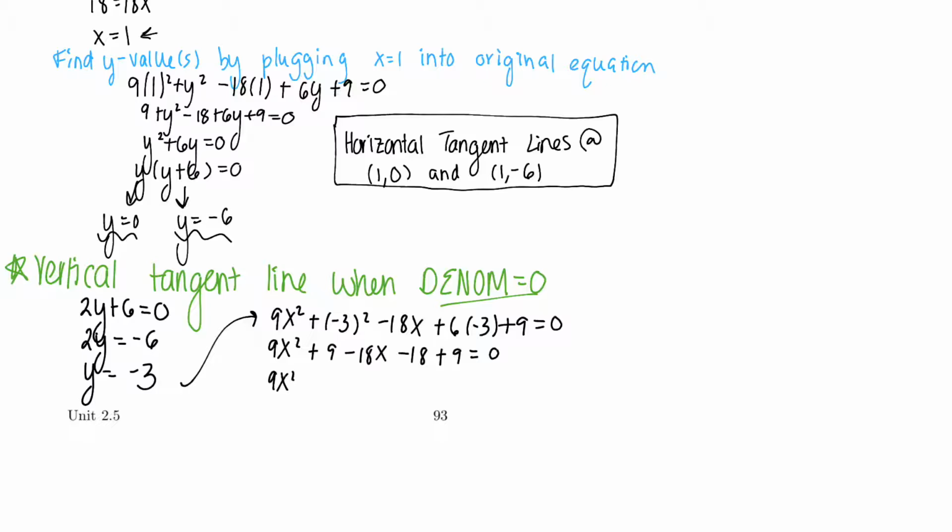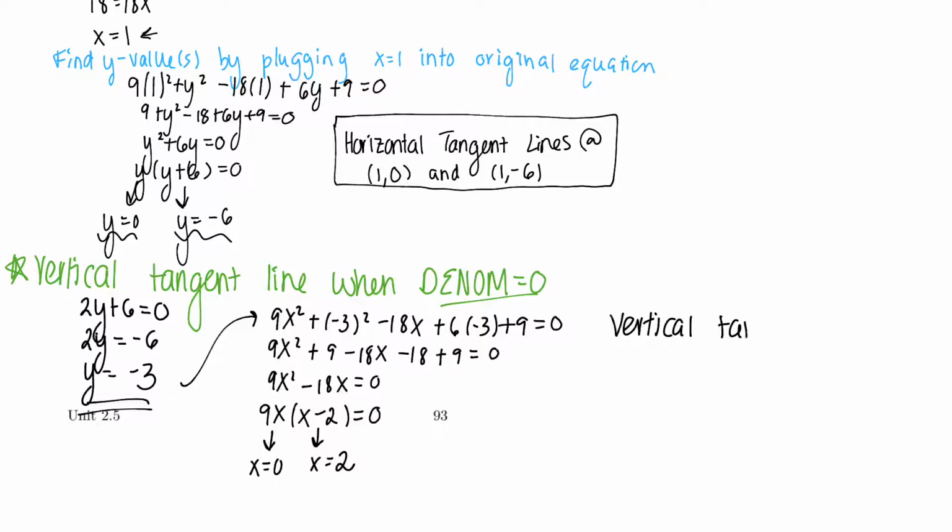So we have 9x squared minus 18x equals 0. Factor out a 9x: 9x times x minus 2 is 0. So x equals 0 and x equals 2. And the y value for both of those is negative 3. So we have vertical tangent lines at 0, negative 3 and 2, negative 3.